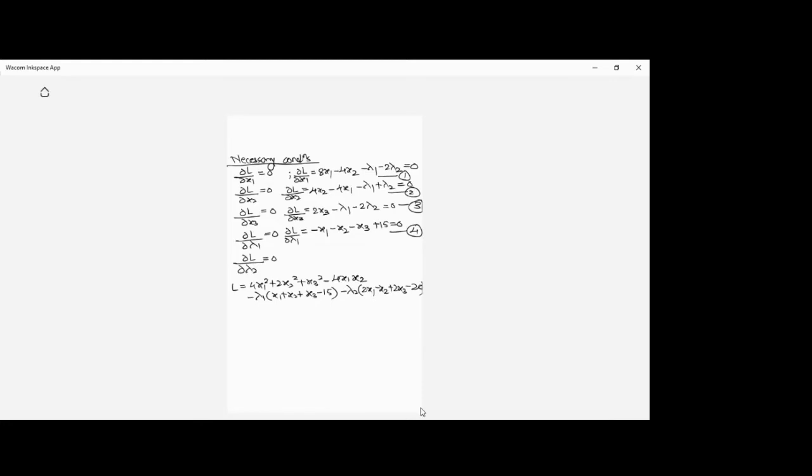Similarly, we can move ahead and find ∂L/∂λ2, which is equal to −2x1 + x2 − 2x3 + 20 = 0, and this is our equation number 5, right?